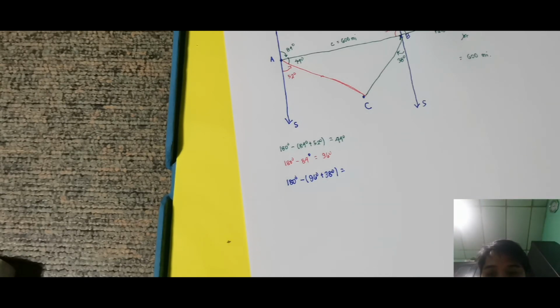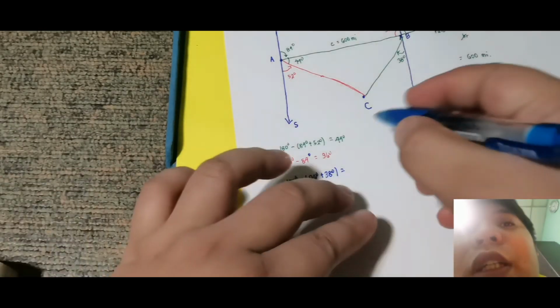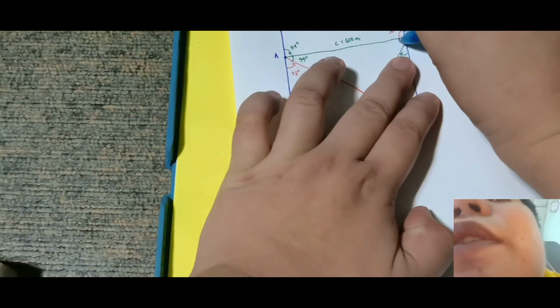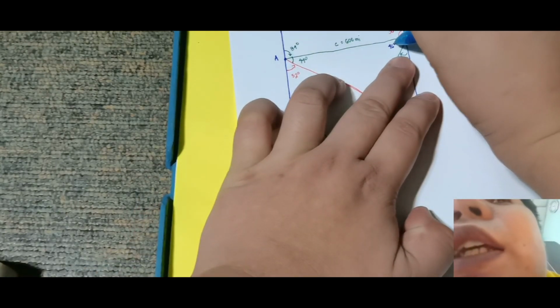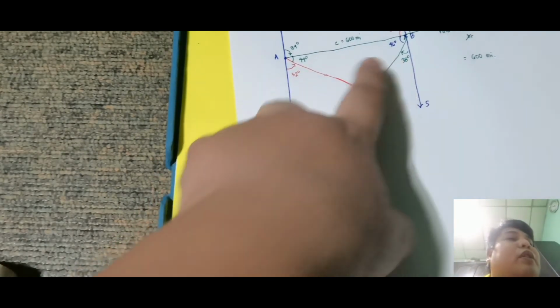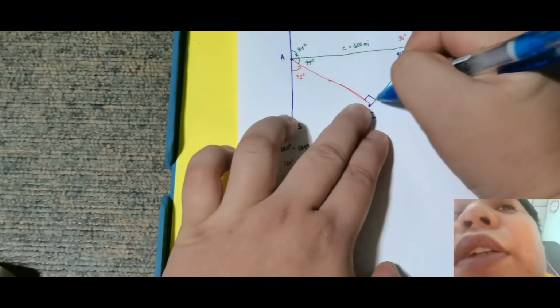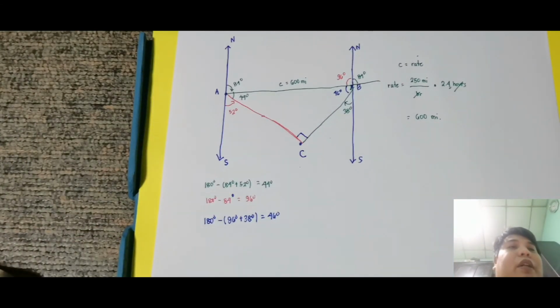So that is 180 minus 96 minus 38, that is 46 degrees. Okay, so this angle is 46 degrees. So obviously 44 plus 46, that is 90. So literal, ano tong angle C? So aware tayo na ito na yung right angle. So meaning applicable yung ating solution ng right triangle.